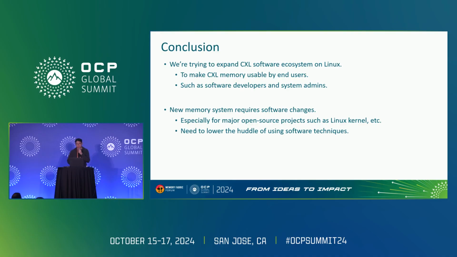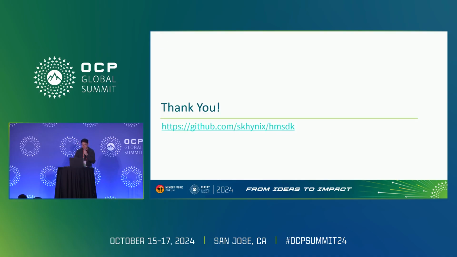There are still some hurdles, so we need to lower the barrier. That's it. Thank you very much. This is an open source project available on GitHub, and there is documentation as well. Thank you very much.